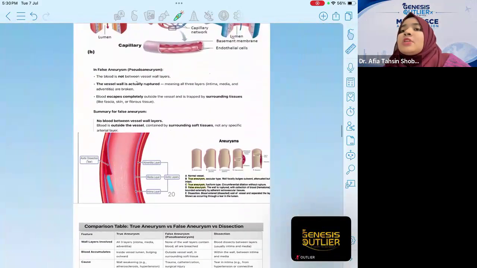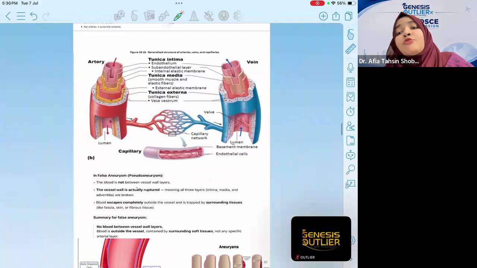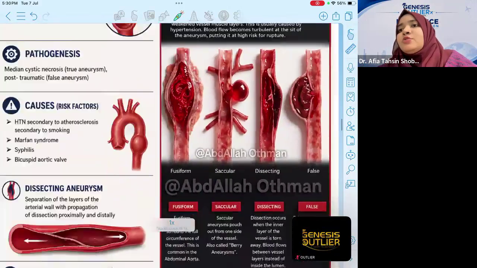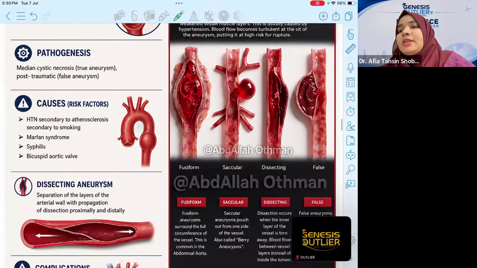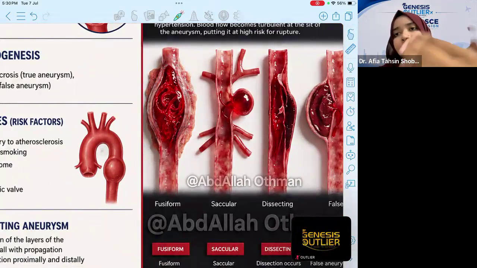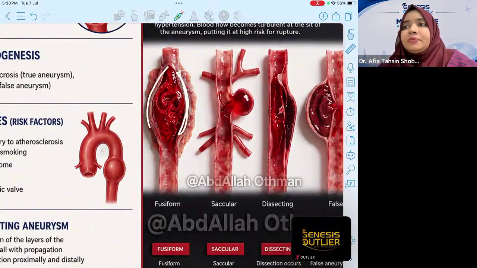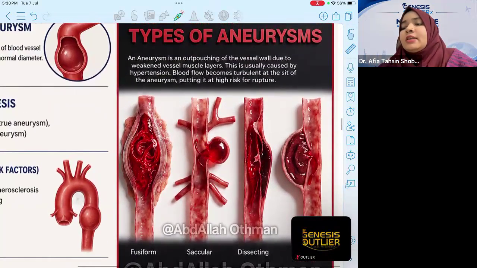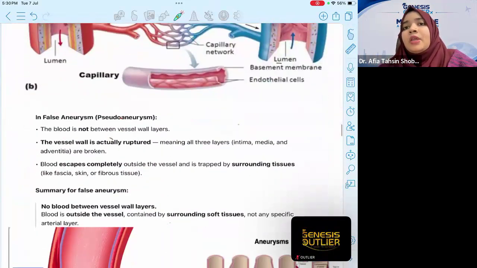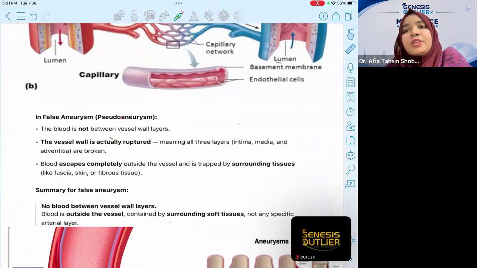Then, sometimes it is confusing what a false aneurysm is. Just see this image. In these 2 aneurysms, the layer is not split or separated. But in case of false aneurysm, see here, blood is not between the vessel wall layers.